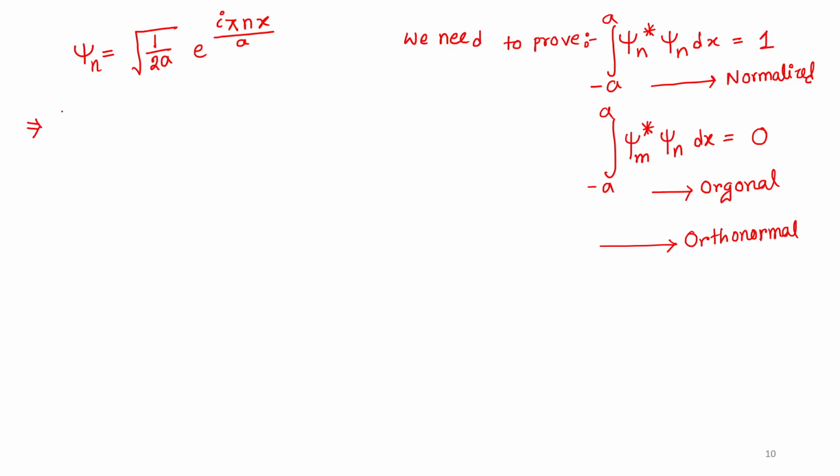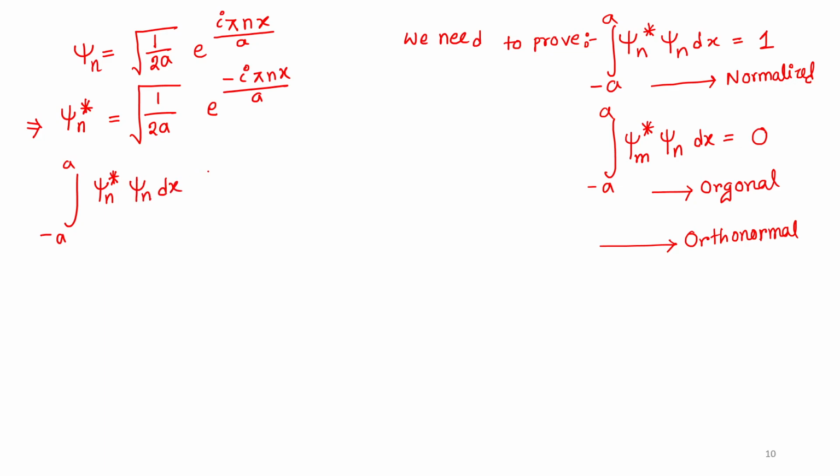To do that, first we need to take the complex conjugate of this, right? So the constant will have no change, but the exponential is going to change: e to the power minus i pi n x by a, because that has an imaginary part. So in the complex conjugate, it is going to be minus. So let us do the integration from minus a to a of psi n star psi n dx.